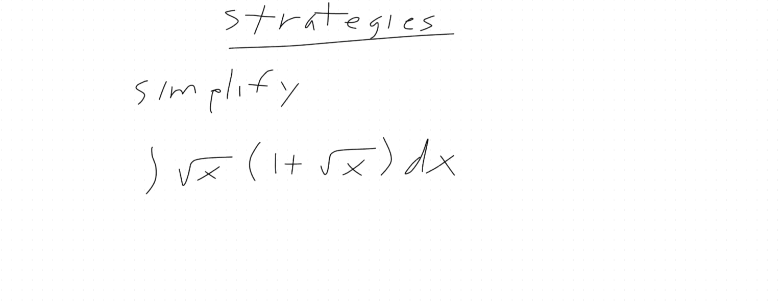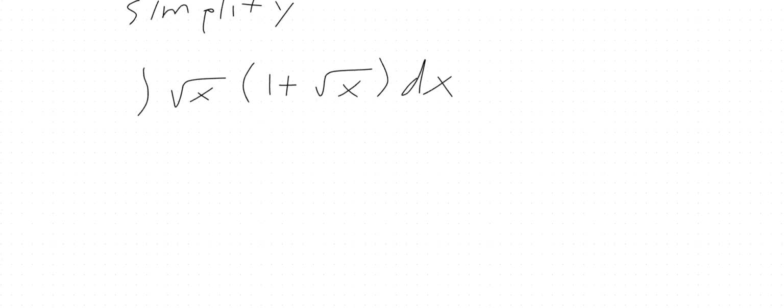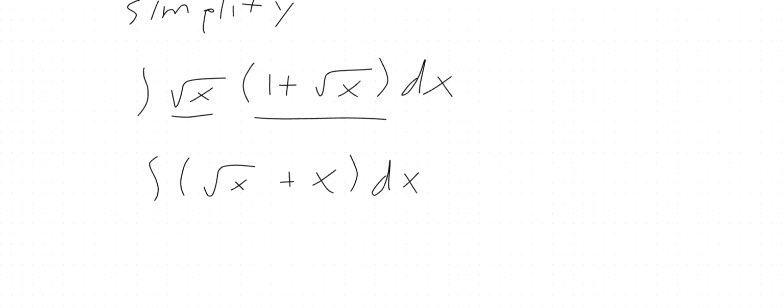And so for something along these lines, you might be tempted to automatically look at it and say, oh, we're multiplying two things. Let's use integration by parts. But instead, if you just do some distribution, you can now do a power rule twice.